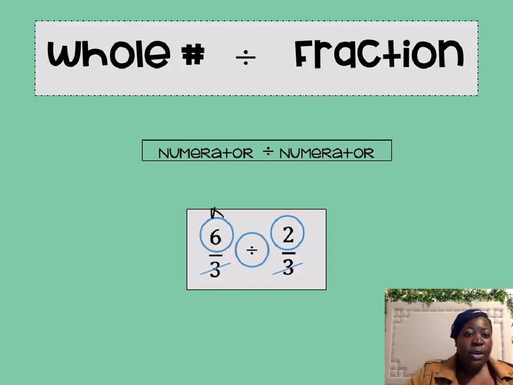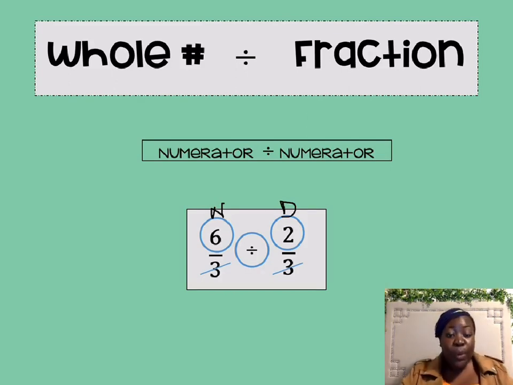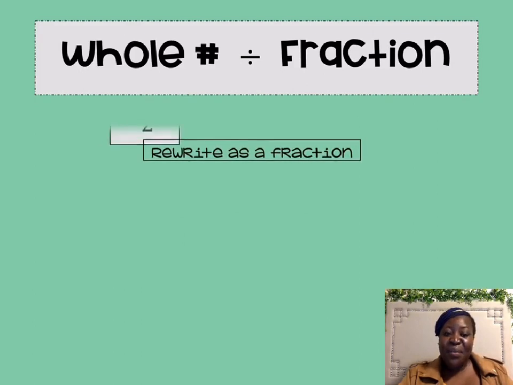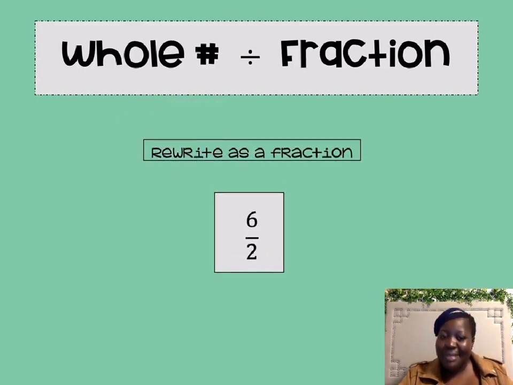The number on your left is your numerator, and when you write it as a fraction, you need to have a numerator as well as a denominator. So the 6 on your left will be your numerator, and the 2, which is on your right, is going to be your denominator. Rewrite it. You have 6/2, and we already know that 6/2 is the same thing as 3.